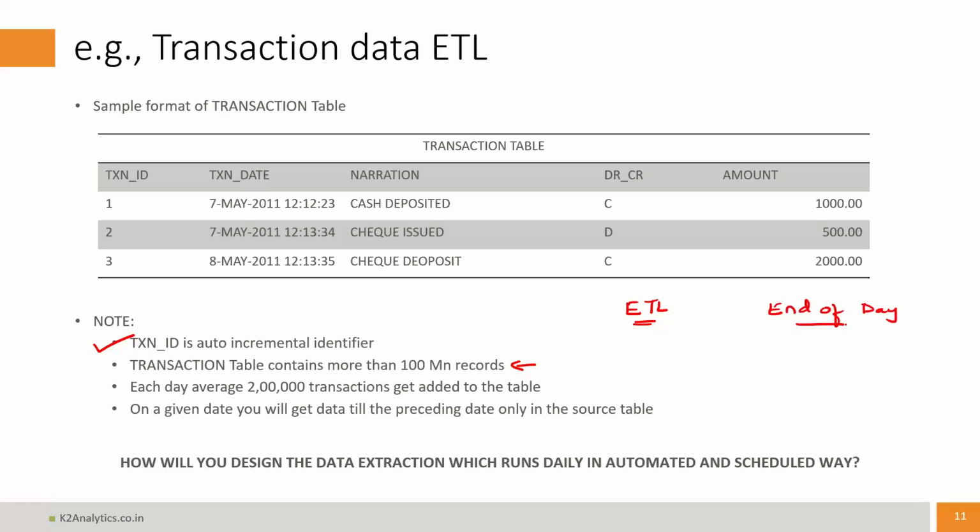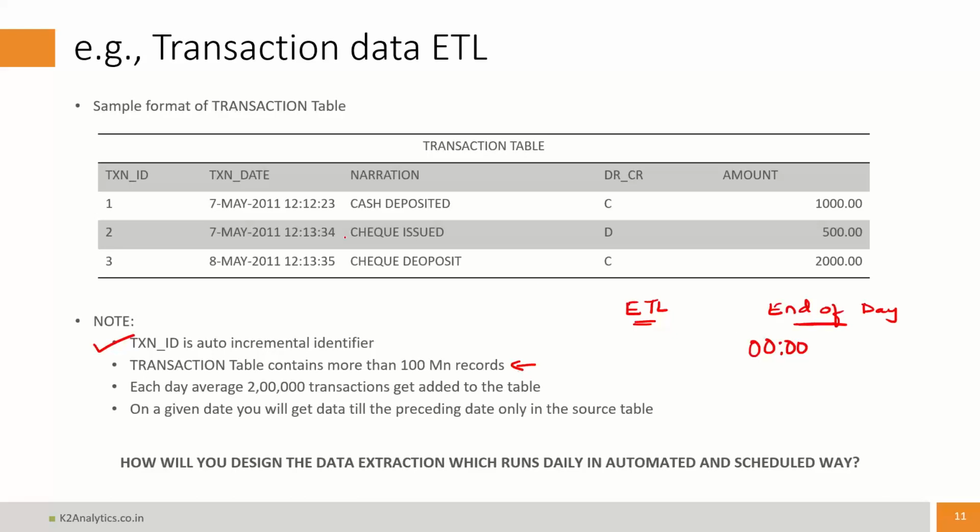What it means is at midnight, the IT department would take a full backup. There's a daily incremental backup that keeps happening automatically, and at end of day the IT department may also do a full backup, and you will be given access to a backup server.